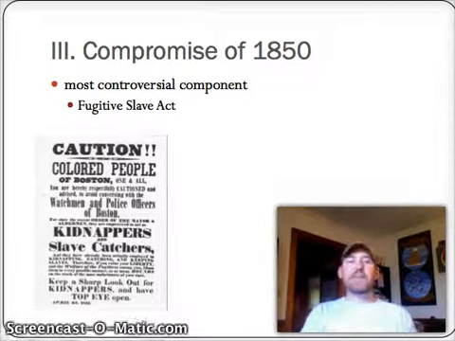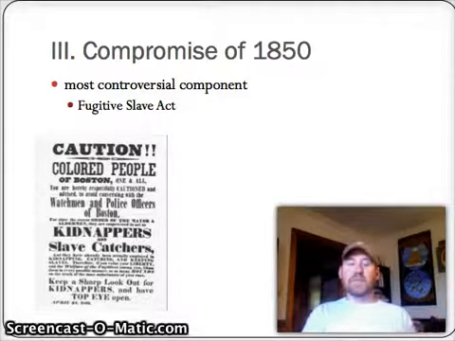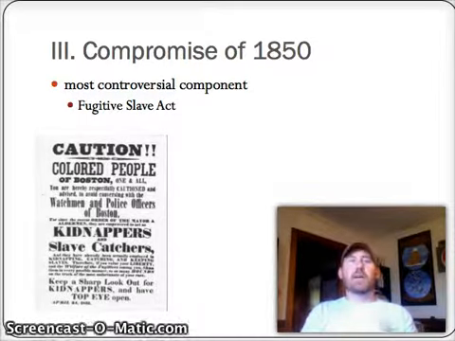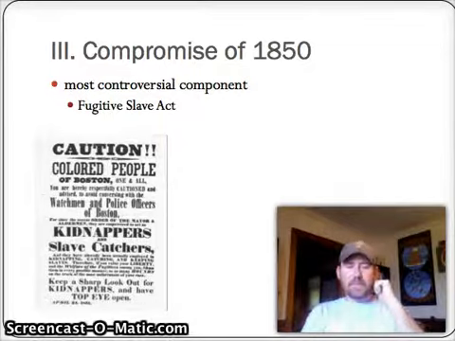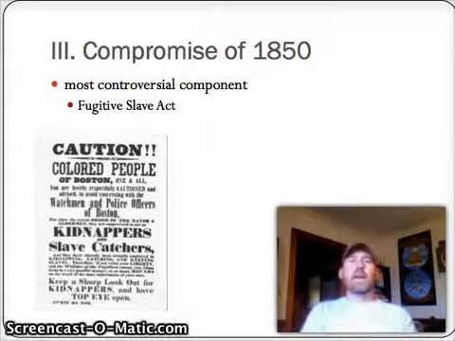And then the passage of a more stringent Fugitive Slave Act, which was really the key point of conflict for Northerners. It put penalties on Northerners for hiding freed slaves.